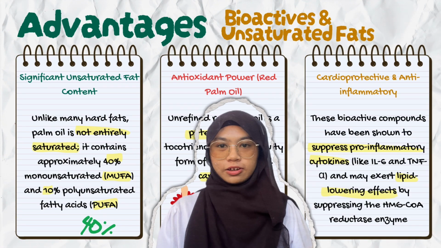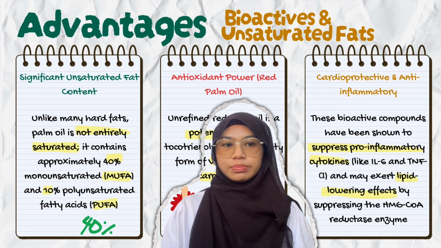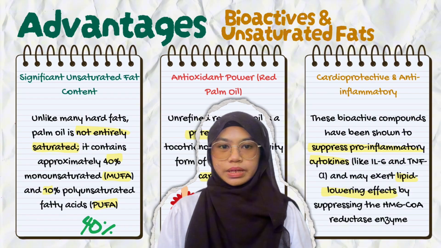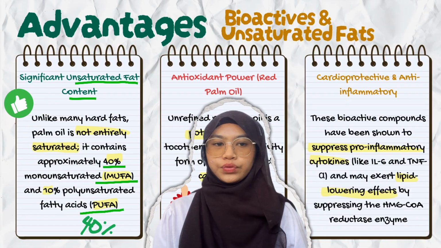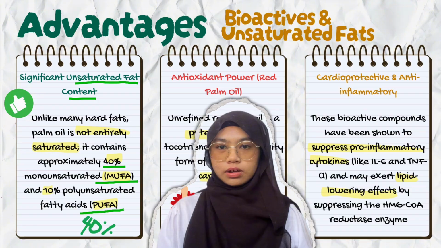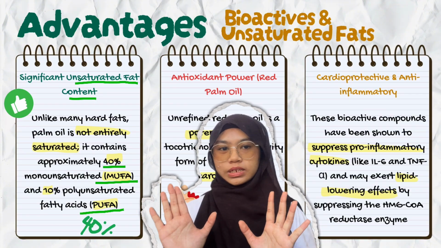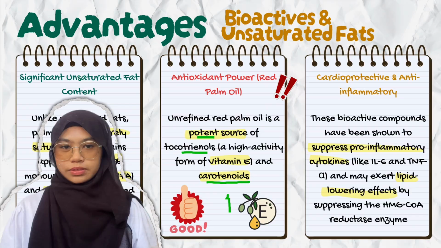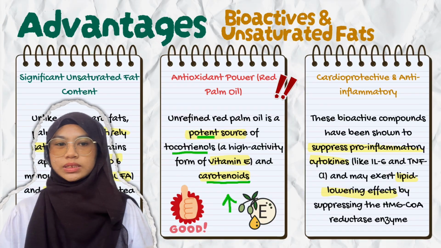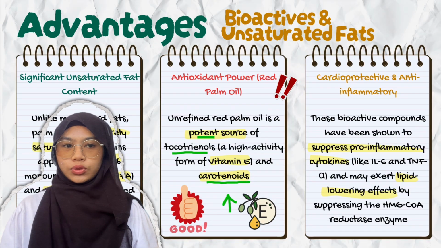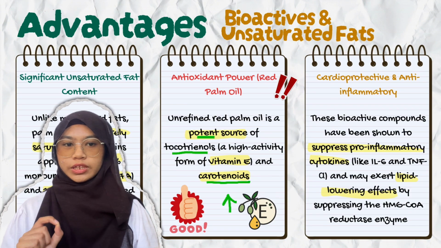Palm oil also contains beneficial nutrients and bioactive compounds. Unlike many hard fats, palm oil is not fully saturated. It contains around 40% monounsaturated fats and 10% polyunsaturated fats. Unrefined red palm oil is rich in antioxidants such as tocotrienols, which are a form of vitamin E, and carotenoids.